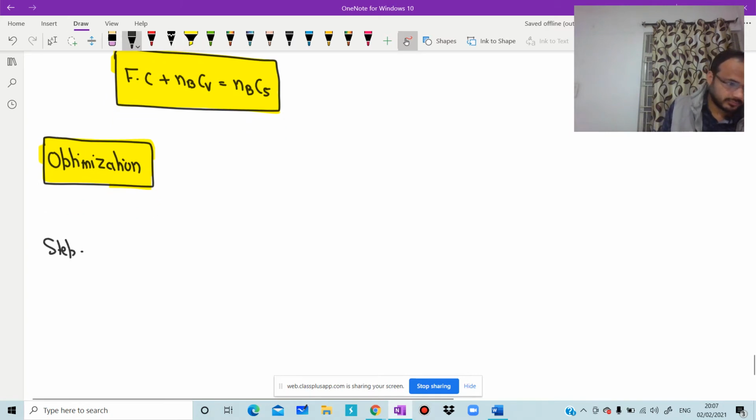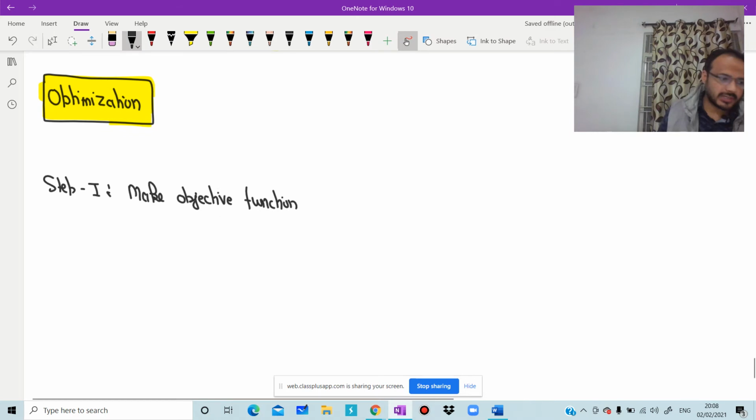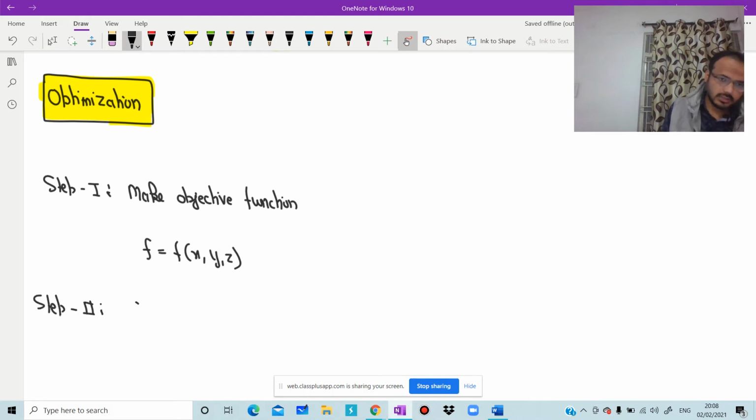Step first: make objective function. According to the given condition, objective function, suppose f is equal to f of x, y, z variables. Step 2: search optimization variable.